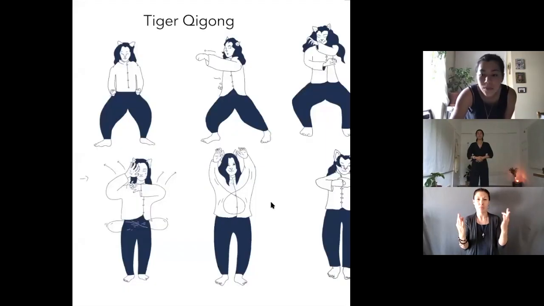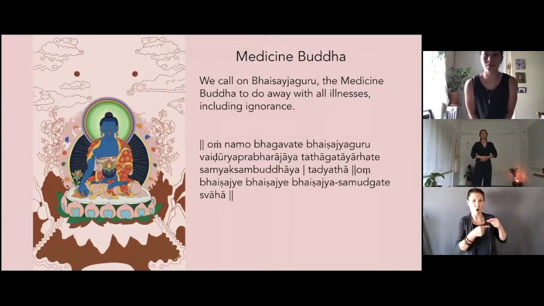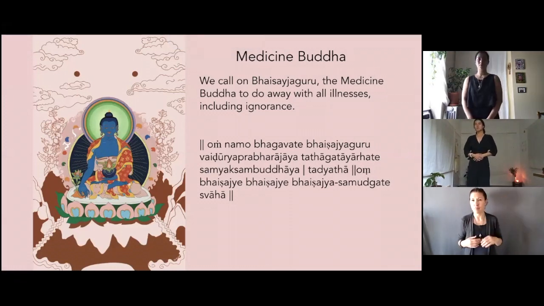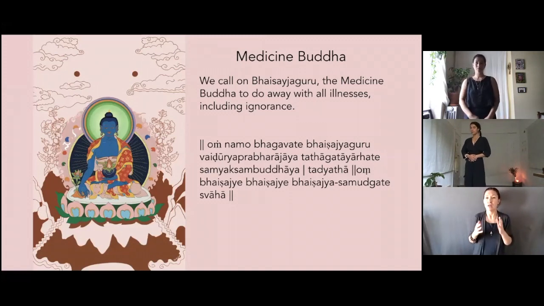And now we'd like to finish as we opened with a Buddhist mantra. So this mantra is to the great medicine Buddha. We pray to the great medicine Buddha to cure us of all illnesses and to do away with harm. We call on the medicine Buddha to do away with the great illness of ignorance.